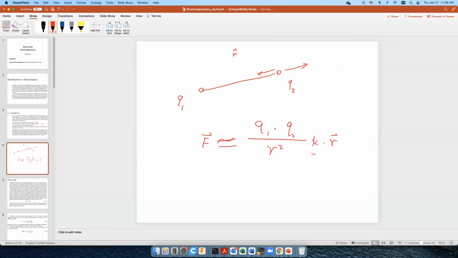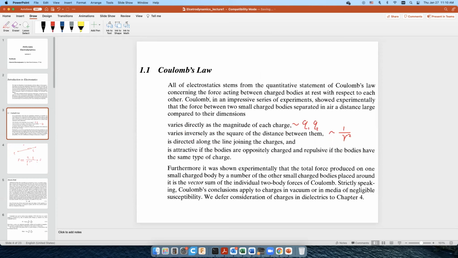Sometimes we separate a dielectric constant from the K and put it here, epsilon. We say epsilon is the dielectric constant, and this dielectric constant describes the different materials. For example, in vacuum, it's 1. In some solutions like water, epsilon is 80. So this is the basic idea of Coulomb's law.